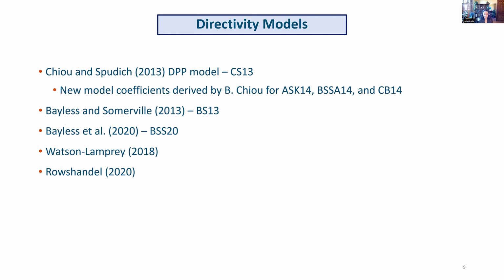So this directivity model has coefficients that are GMPE specific. The other ones just apply to any of the GMPEs. We also evaluated Bayless and Somerville 2013, as well as its update, the 2020 model. We've evaluated Watson-Lamprey 2018, and then the Rowshandel 2020 model.